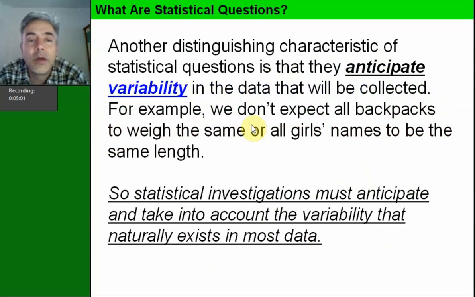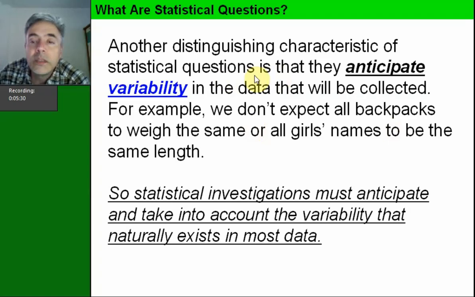But let's proceed here. Another distinguishing characteristic of a statistical question is that it anticipates variability. And this is what they have in common, right? You did notice? You don't have one specific answer for each question. All the answers to those previous questions that were given as examples have some variability.